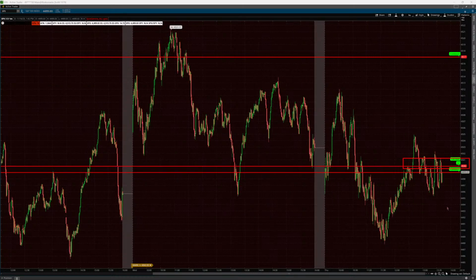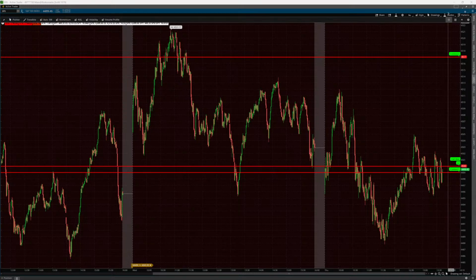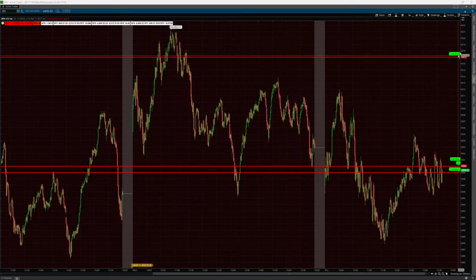So the call wall absolute gamma strike at 4,500, and it looks like price is oscillating up and down around that level. That's to be expected in a positive gamma environment as expiration approaches tomorrow, that there will be pinning around that level of the highest concentration of gamma weighted open interest. All right, so those are the two Spotgamma levels in play for today.